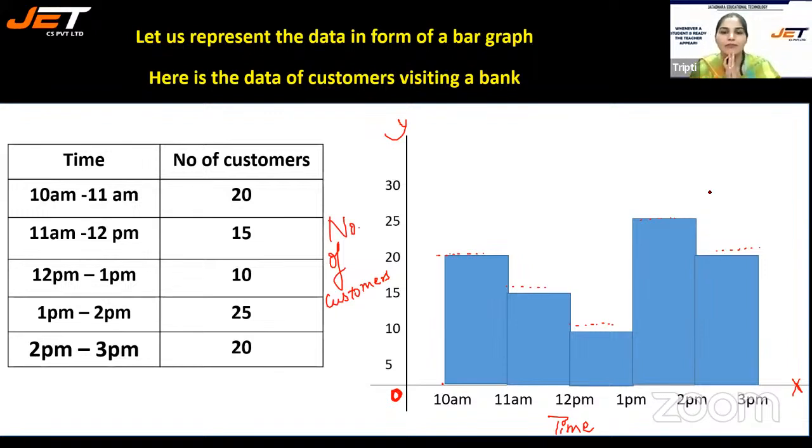So in a histogram, you make the graph kind of like this. In a bar graph, there are separated bars that you draw. So these are just the different ways of representing the data. Could be in the form of bar graph or in the form of histogram or the tables, the tally marks that we have put. So all are the ways of representing data.